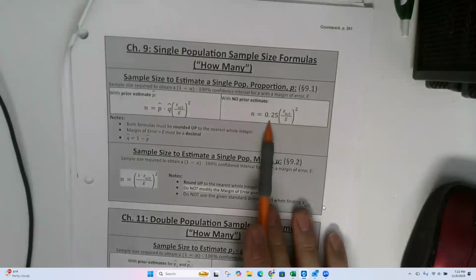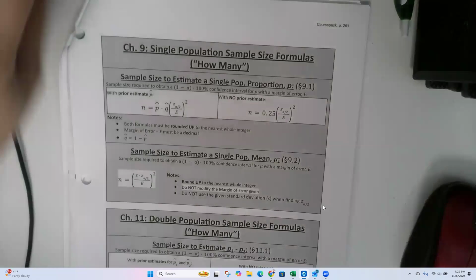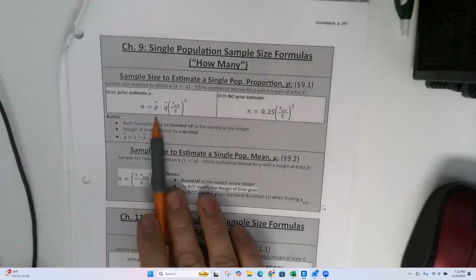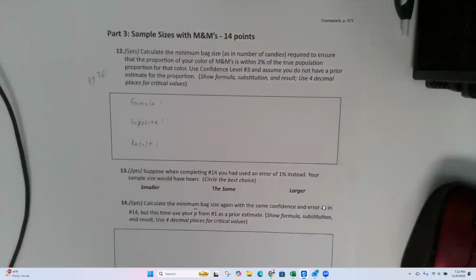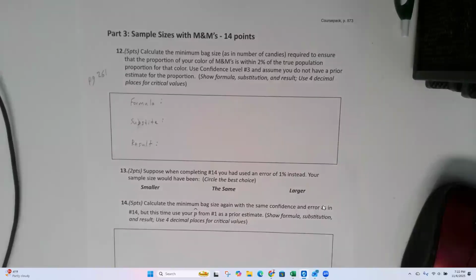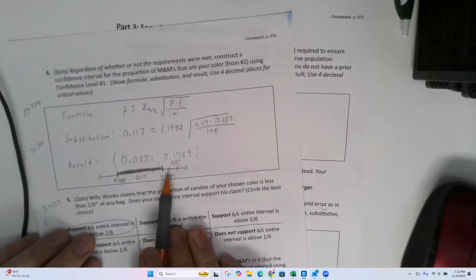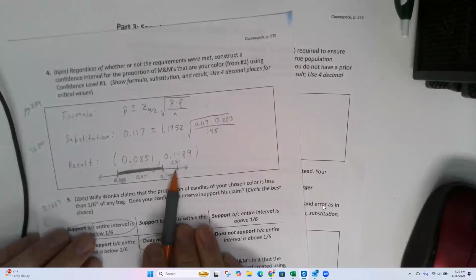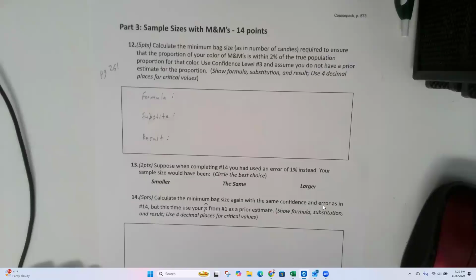Now, if you've run the experiment before and you weren't happy with the results, you might have a prior estimate. For example, when I was doing the M&Ms, I ended up having that 1/6 was not in my confidence interval. That means that I was wrong, so that's no good.